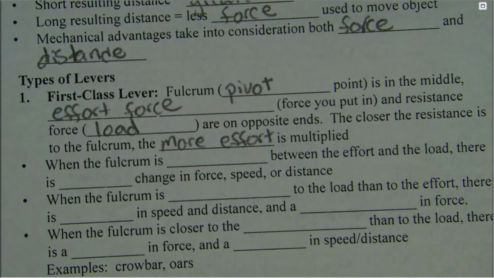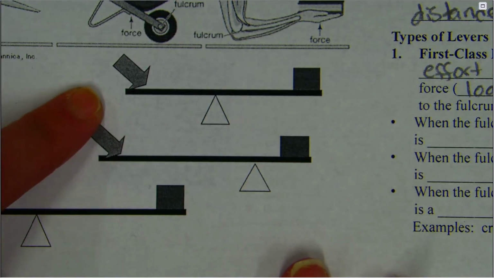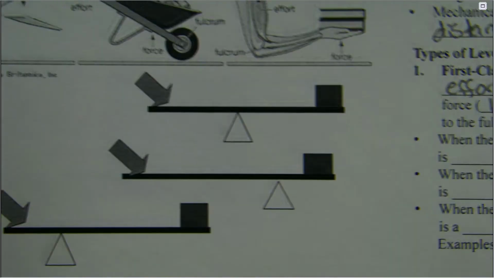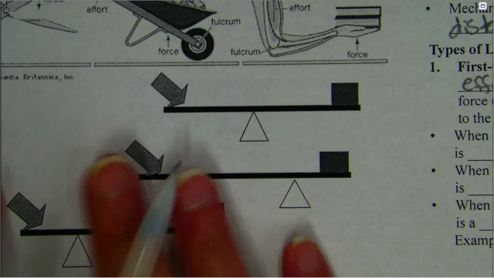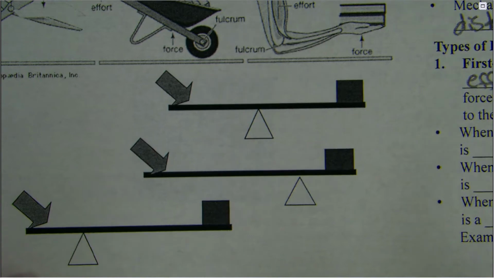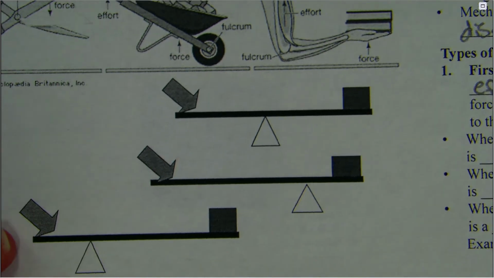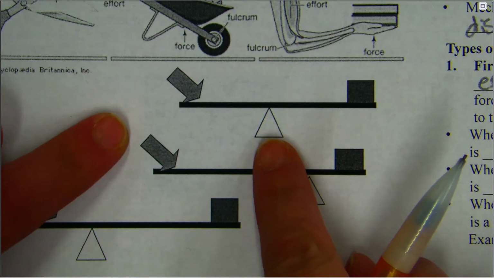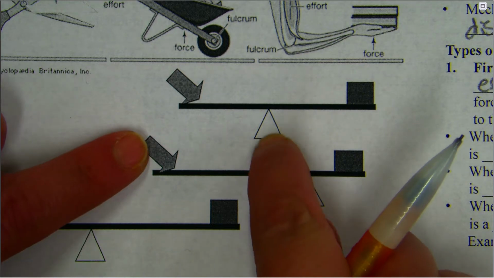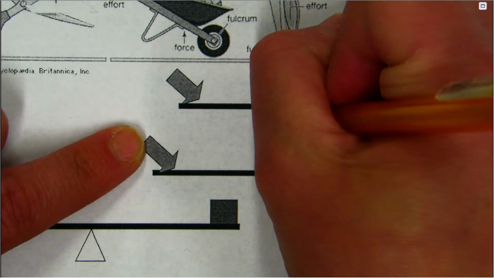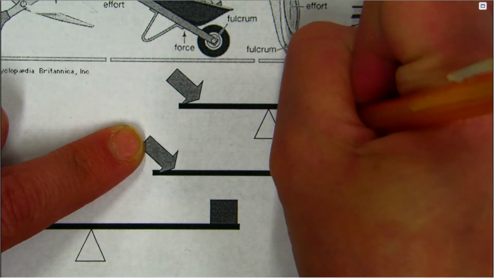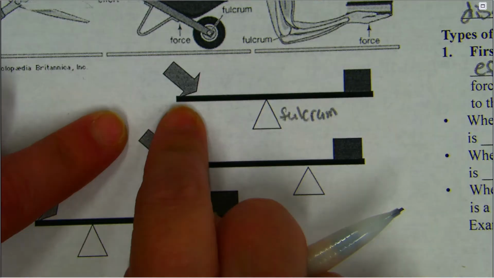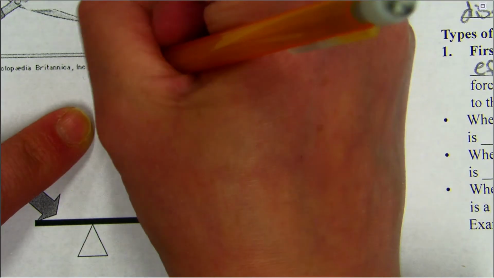So let's look at a picture and see if we can make this make more sense. All right, so over here, these pictures are not mine. I got these pictures off of the internet, so I have to give credit to the internet websites that I found for these pictures. Now, our fixed point here is the fulcrum in the center. The effort force, that's what you put in.